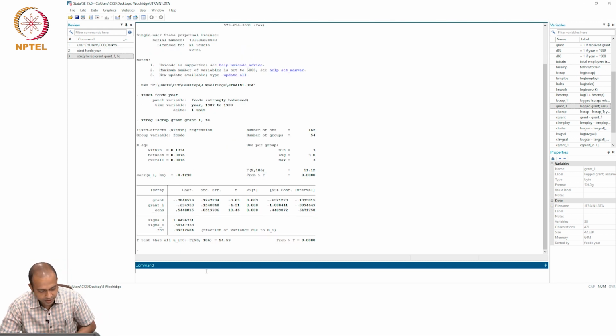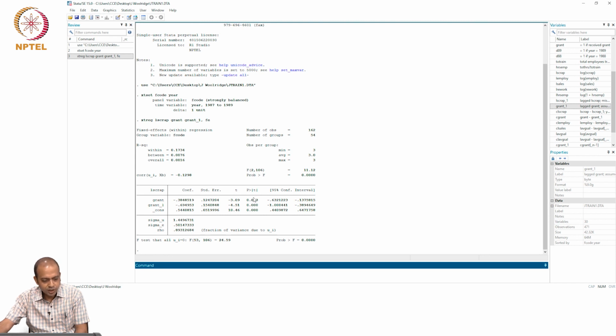Now, this is the data. This is the estimate that we got. All right. Now, first of all, if you look at the grant as well as previous year's grant, they are significant.